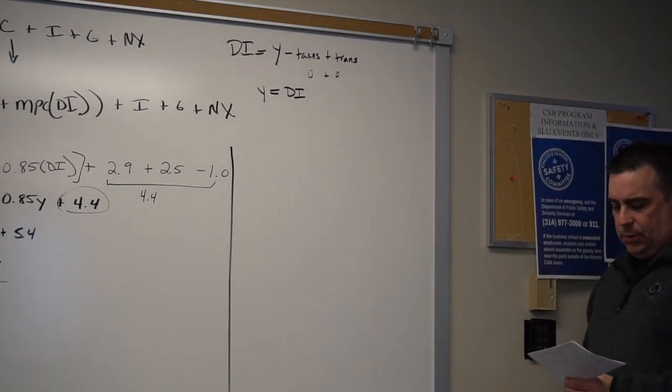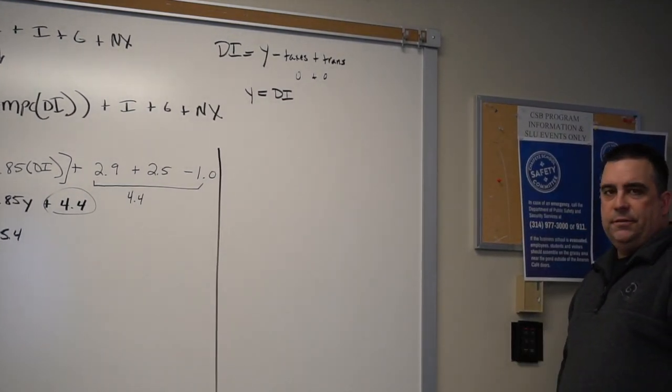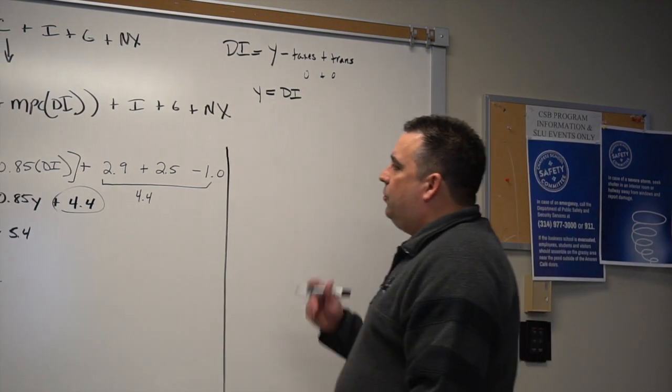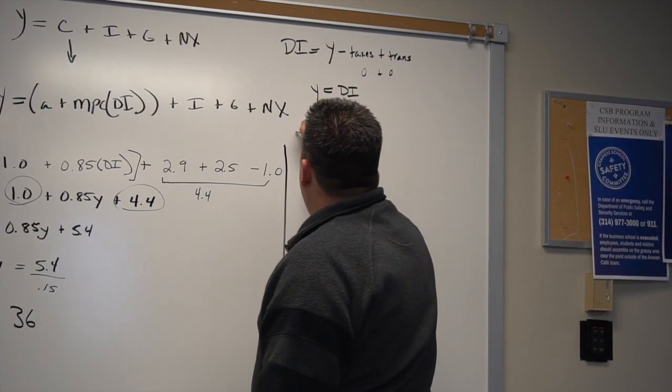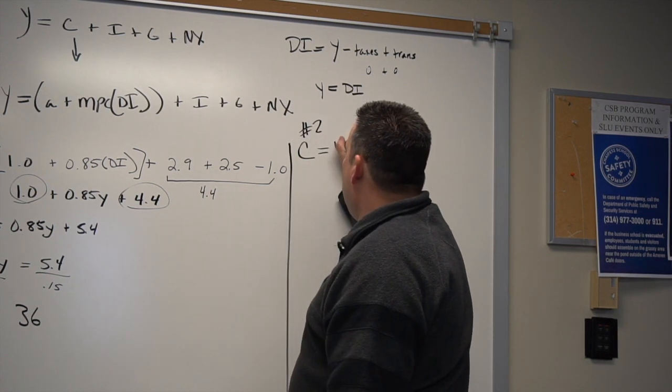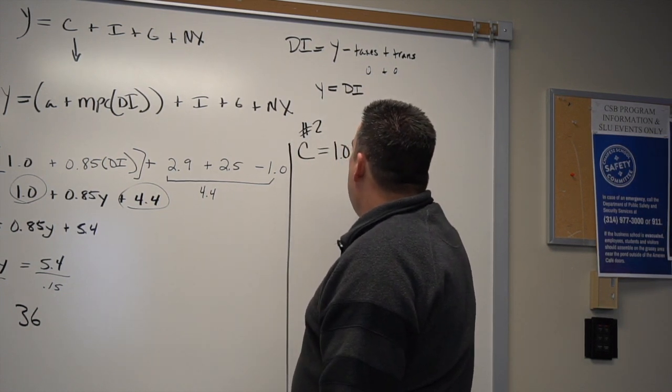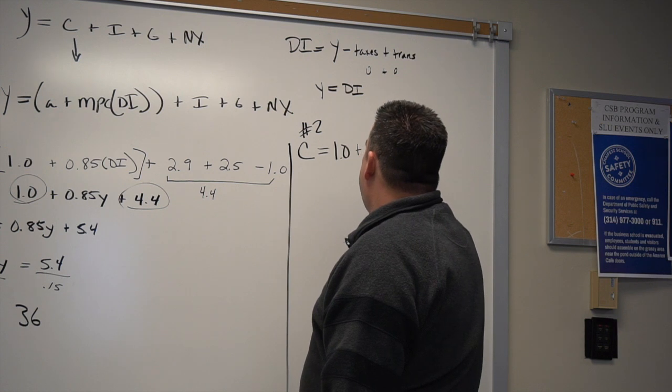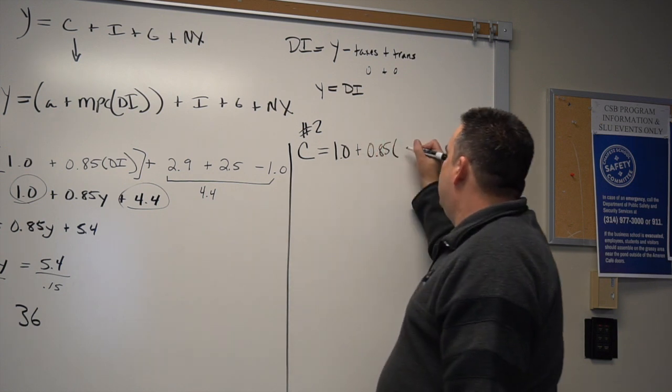It made taxes 3.5 and transfers 5, which means I need to rewrite my consumption. So in number 2, the consumption component was equal to 1.0 plus 0.85 times DI.